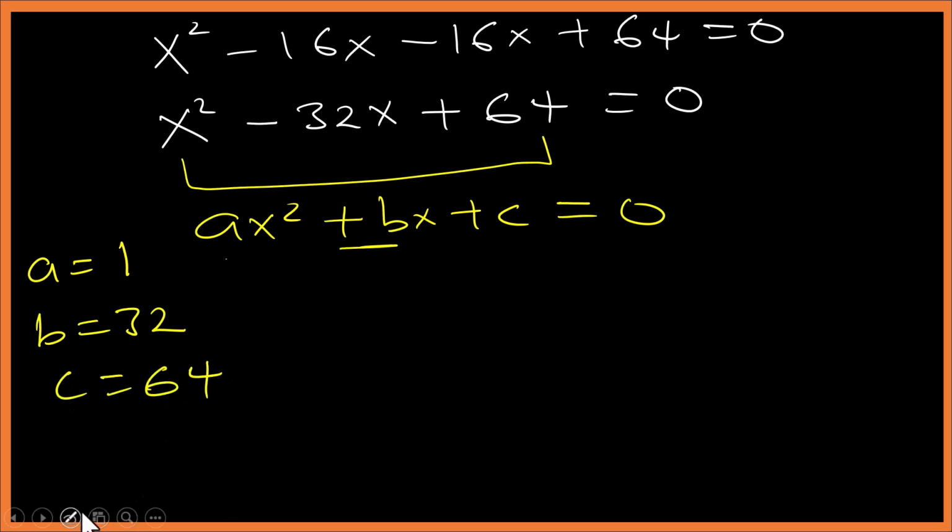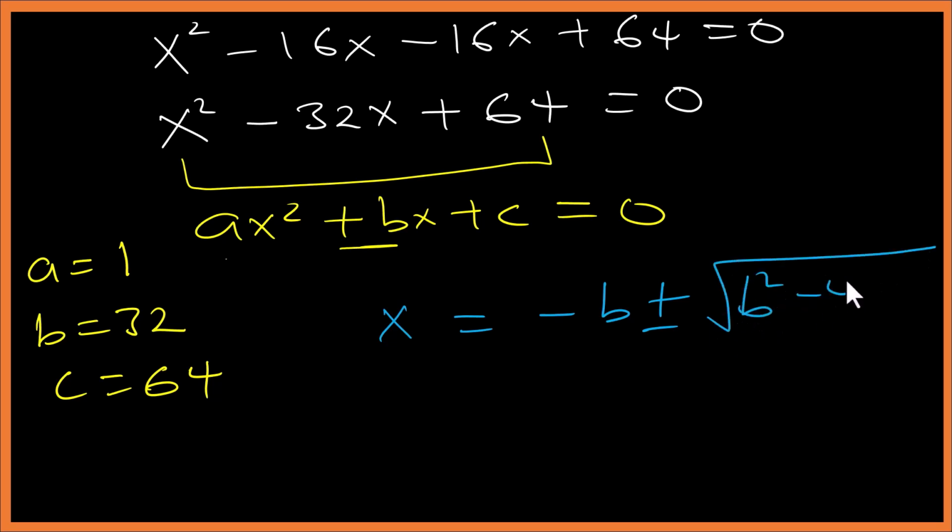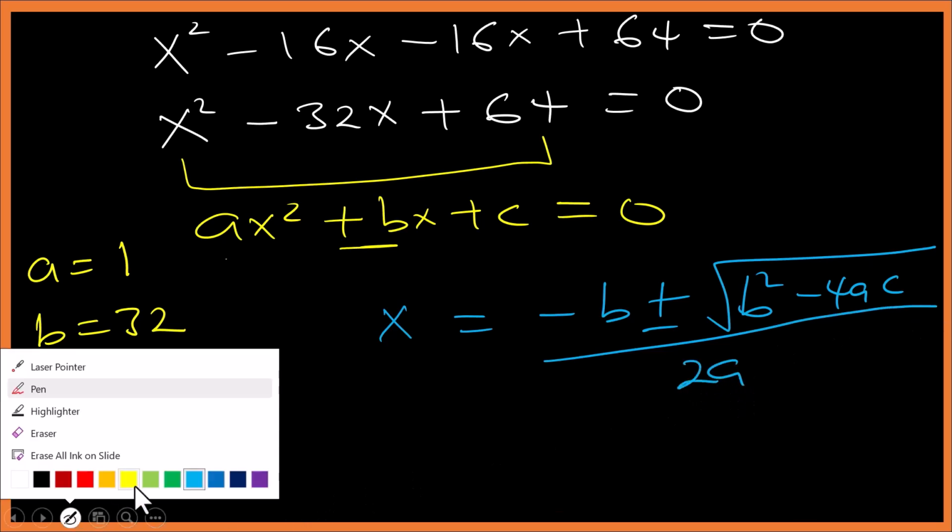Okay, so we have x equals minus b plus or minus the square root of b squared minus 4ac, all over 2a.